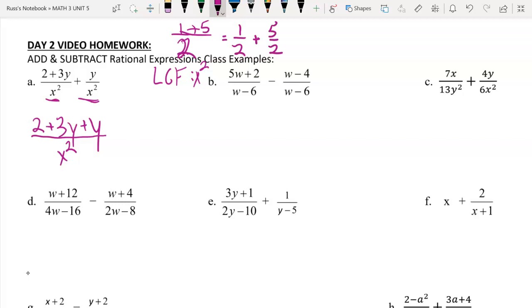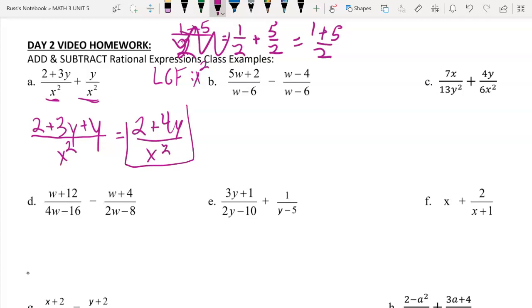Well, the reverse is true. As long as my denominator is the same, I can put the numerator together. And if I do that here, I get 2 plus 4y over x squared. There's no factoring to do, no reducing to do. That's just my answer. Okay?